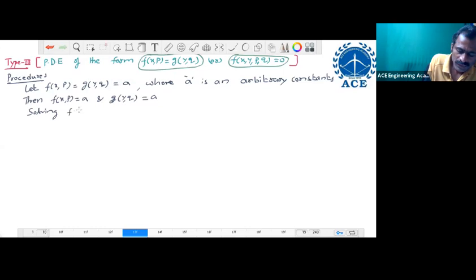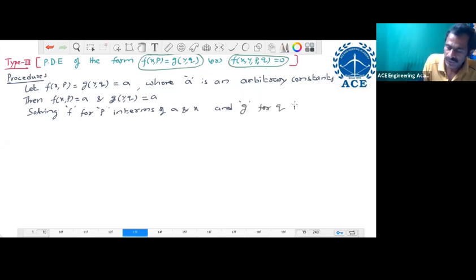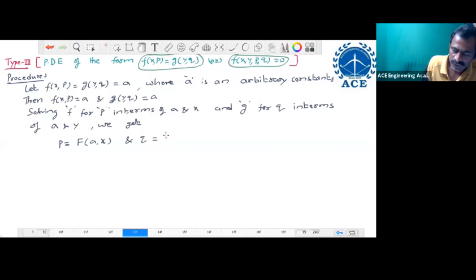Solving f for p in terms of a and x and g for q in terms of a and y, we get small p equal to capital F of a comma x and small q equal to capital G of a comma y.